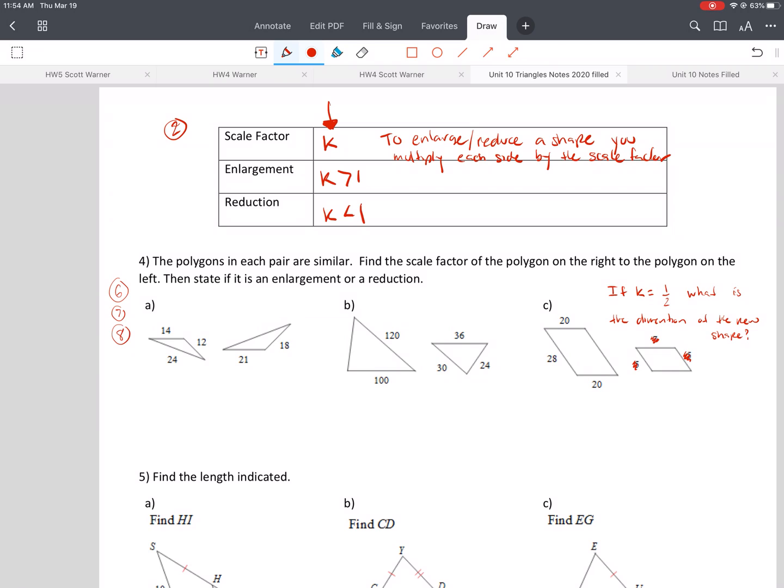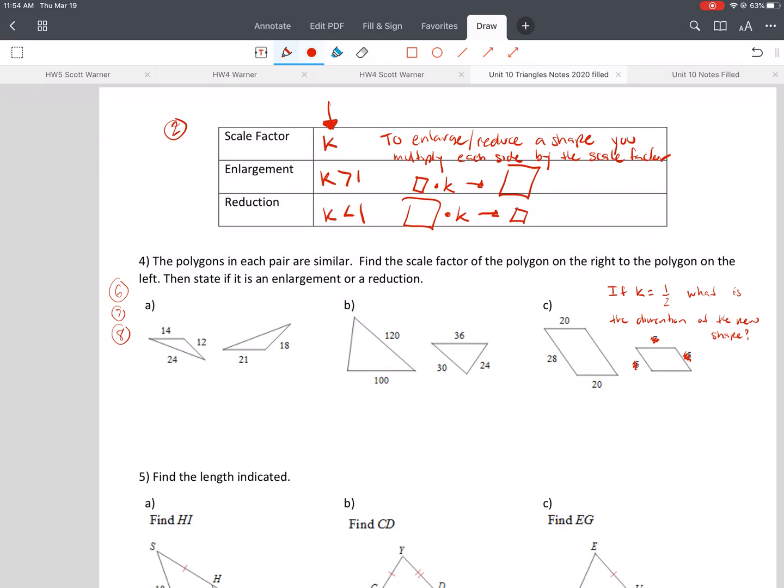Okay, so if K is greater than 1, there's enlargement. So you take some sort of shape that's maybe this big, you multiply it by K, and now it becomes bigger. So this is enlargement. Reduction is when you take a shape and you multiply its sides by K, and it gives you a smaller shape.